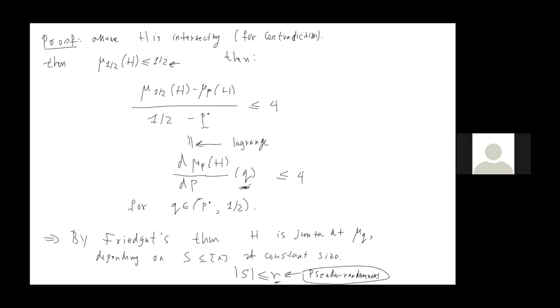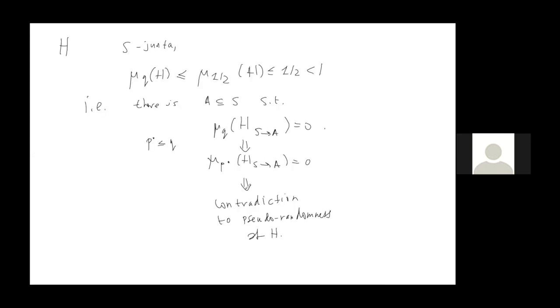We concluded that the family H is a junta at this specific Q. We said that is not the entire family of subsets, and therefore we can fix it to some specific value such that it is nothing. And this is a contradiction to the pseudo-randomness of H.